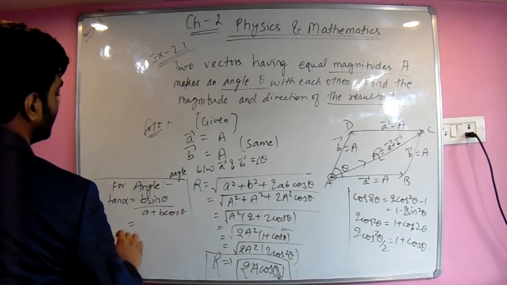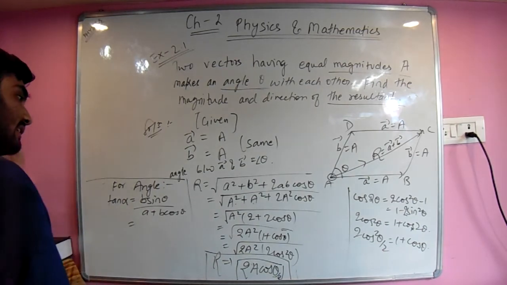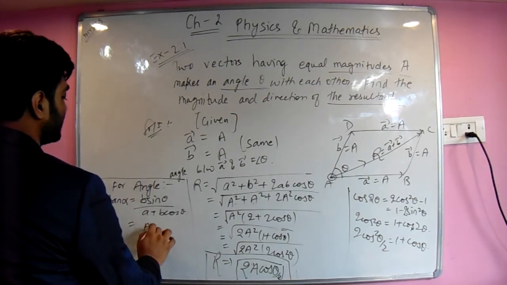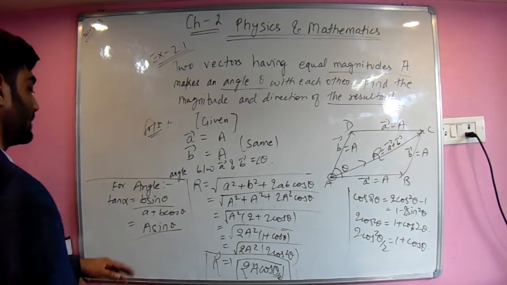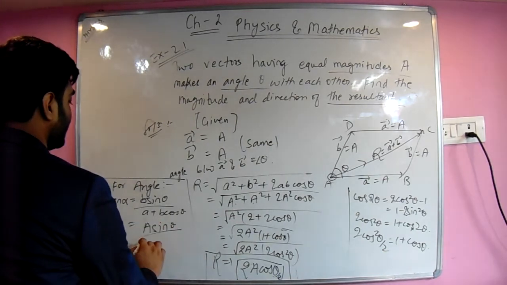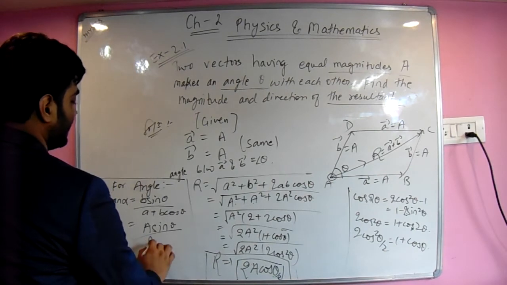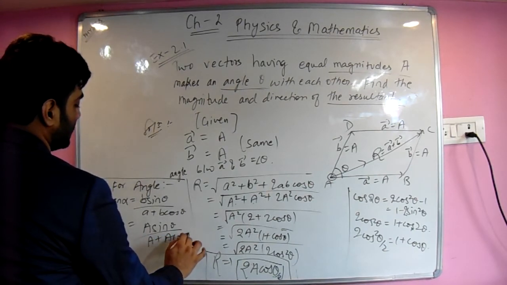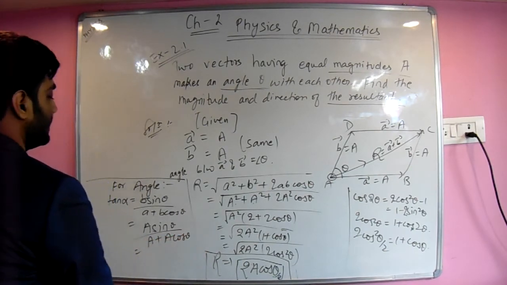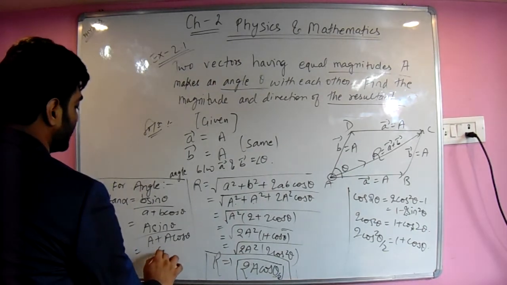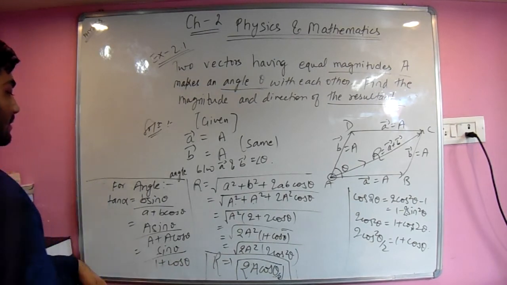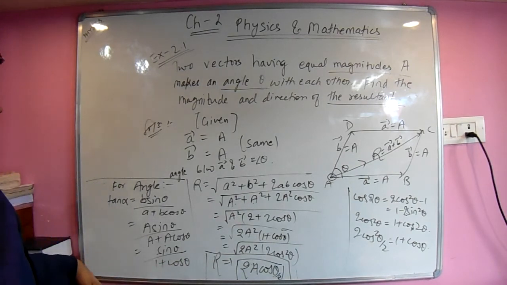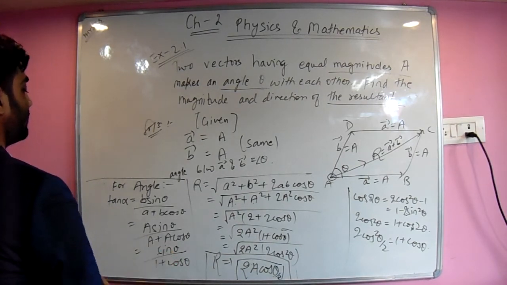Very simple formula. B means A, so A sin theta, and then A plus A cos theta. Finally, by cancelling out, sin theta by 1 plus cos theta.